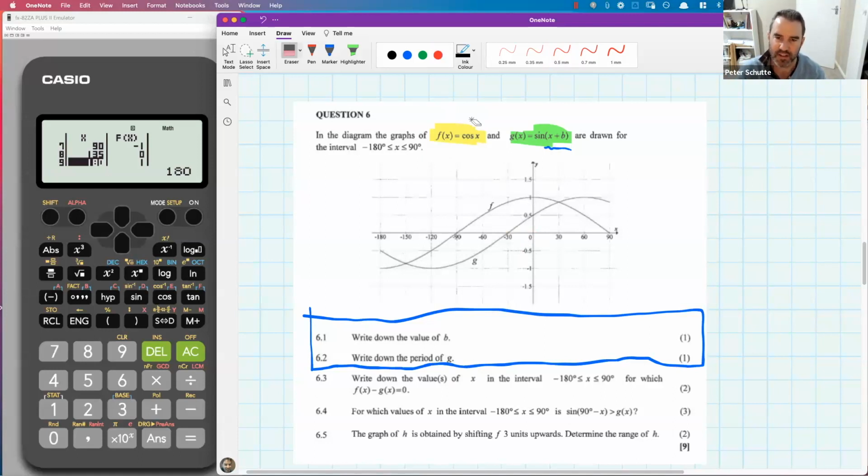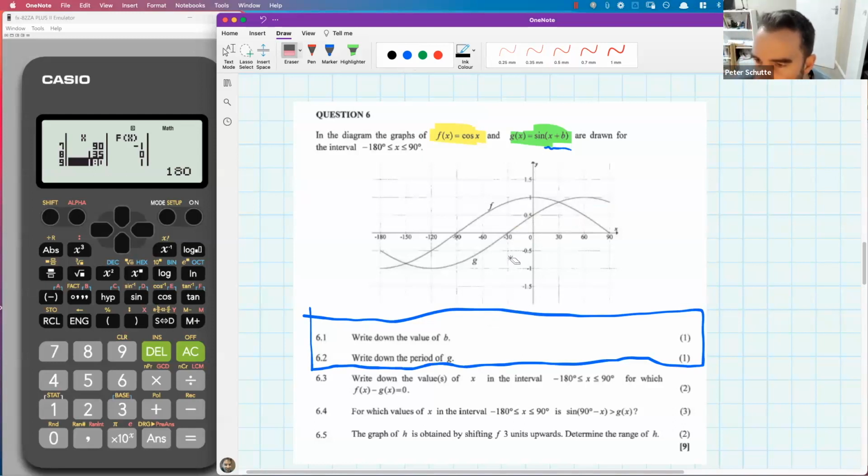So to have a quick look at it, normally when we draw the sine graph, oh wait, let me do it again. Normally the sine graph starts here and does that. But it feels like it's been moved down to here. So how would we work out the value of B?